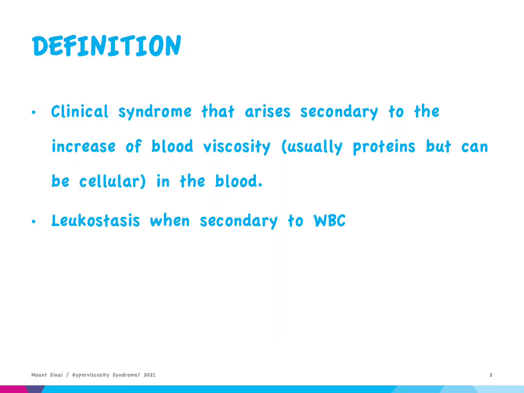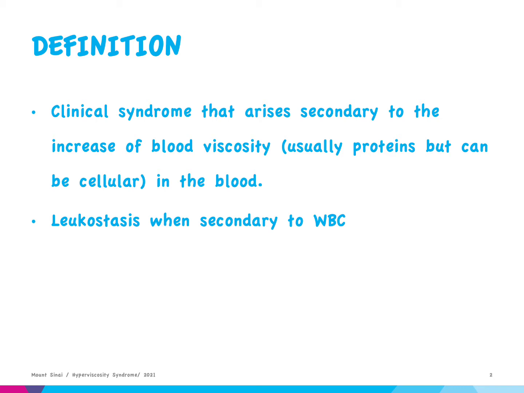So starting with the definition, let's start by talking about viscosity. Viscosity of a fluid is the measure of its resistance to flow and based on shear stress. And hyperviscosity syndrome is a clinical syndrome that arises secondary to the increase in blood viscosity.